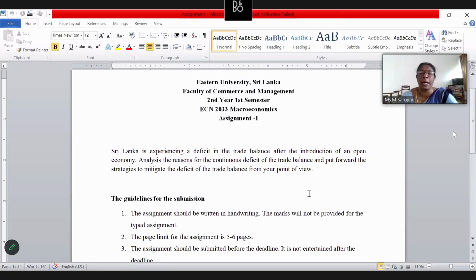Continuously we are experiencing a trade balance deficit. You have to find out the reasons for the continuous trade deficit, and also, as the economist now, you have to suggest some strategies to reduce or eliminate the trade deficit, right?